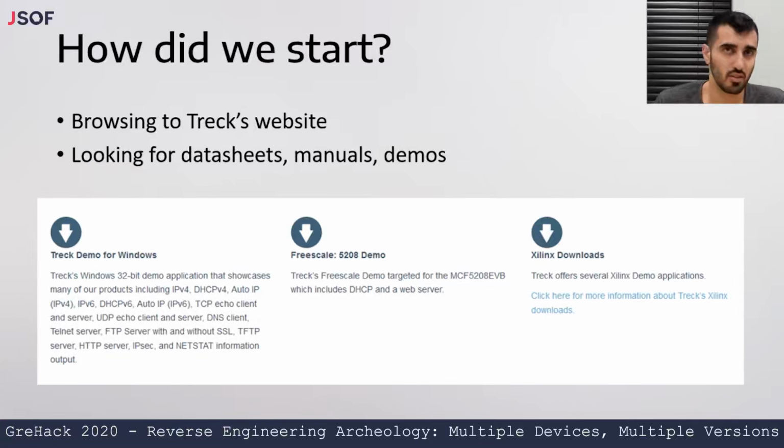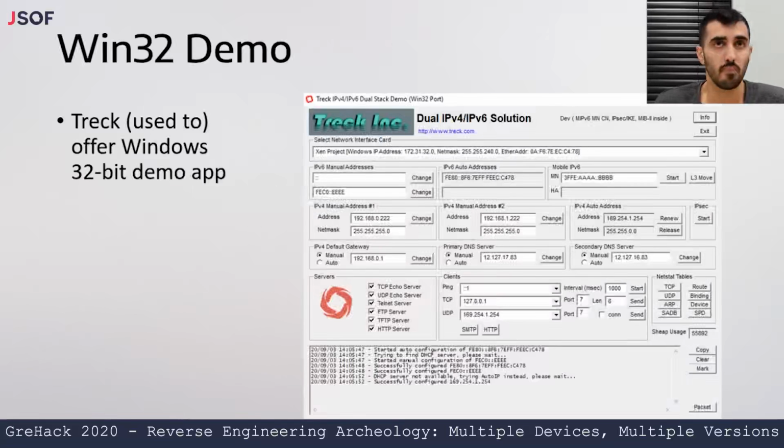The main disadvantage of this demo file is that we didn't have debug capabilities, so we looked more closely into the Treck demo for Windows. So this is our first binary. Treck used to offer a Windows 32-bit demo app. I say used to because now they dropped this demo from the website, but you can still get it if you want.